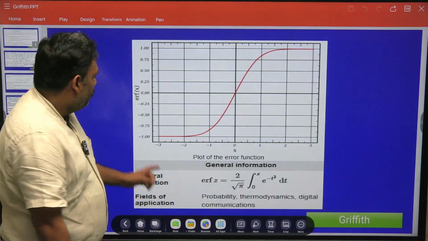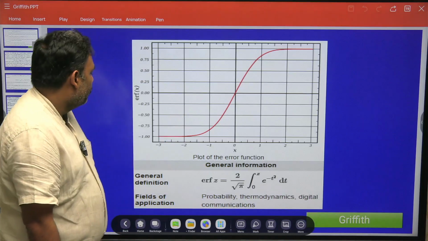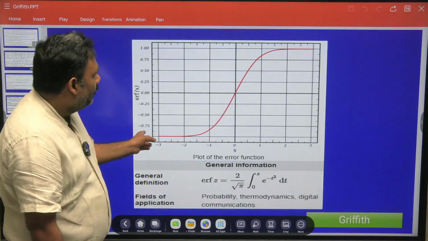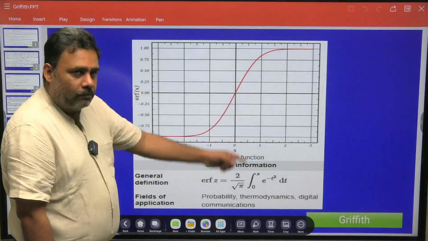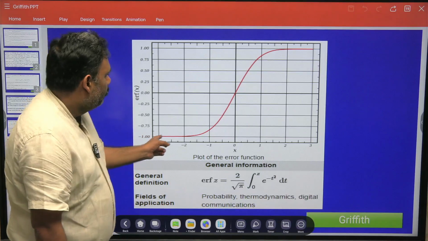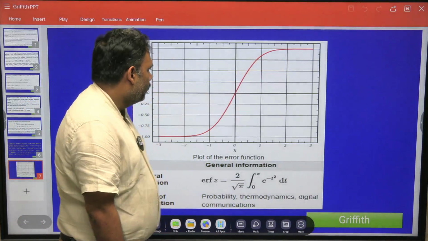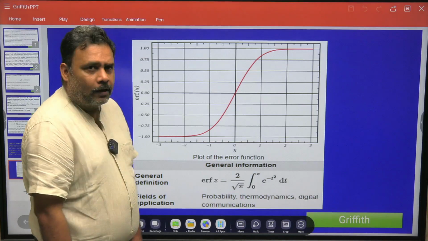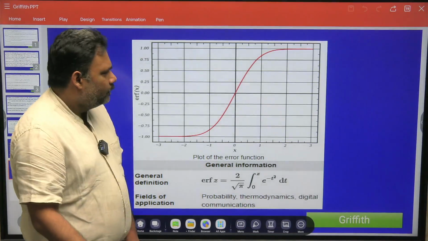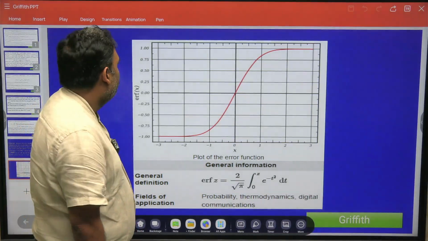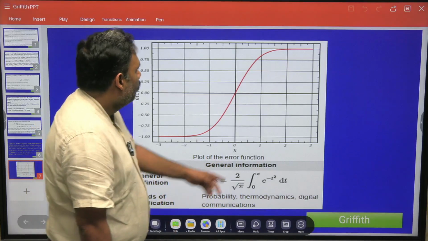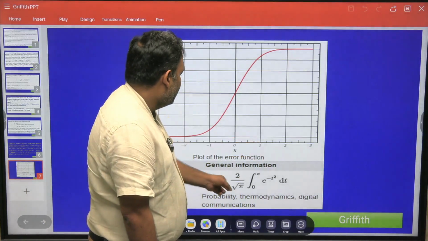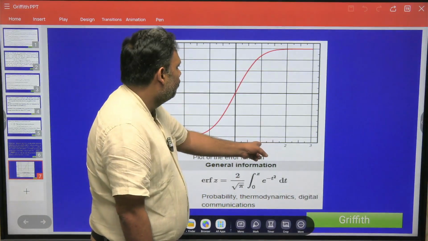Once you plot this error function, the range is from -1 to +1, and you get this type of plot, which is almost antisymmetric. And to solve this problem, we have to find the value of the error function at z equal to 1.